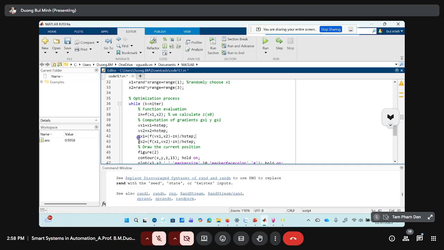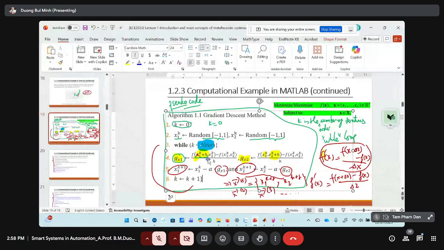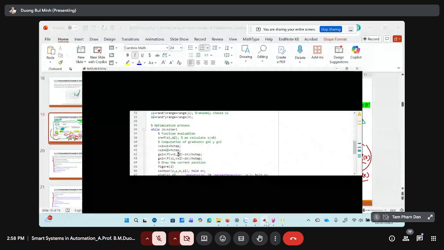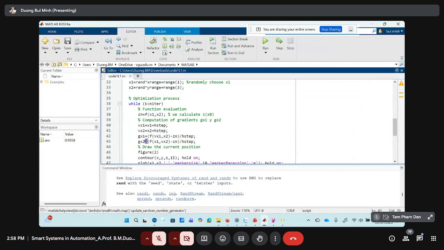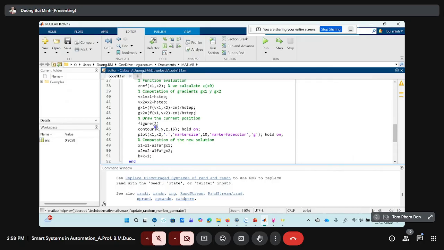When we update x1, we use vx1 and keep x2 like this. When we update x2, we keep x1. And then when we update vx2 and calculate gx2, gx2 is x1 vx2.